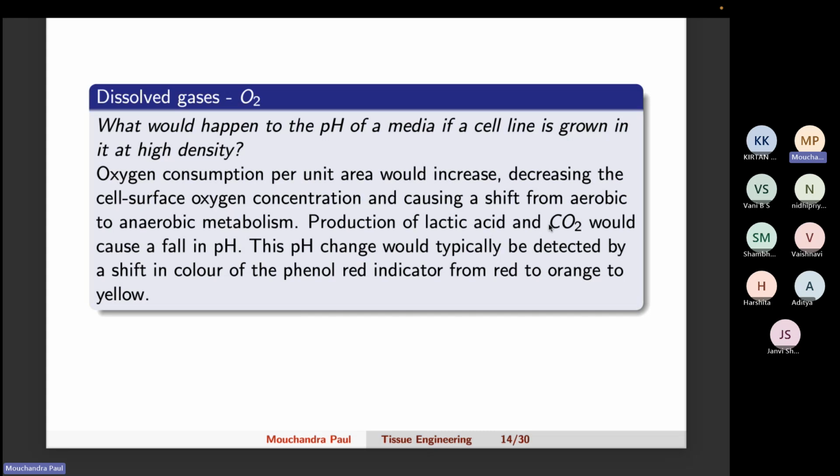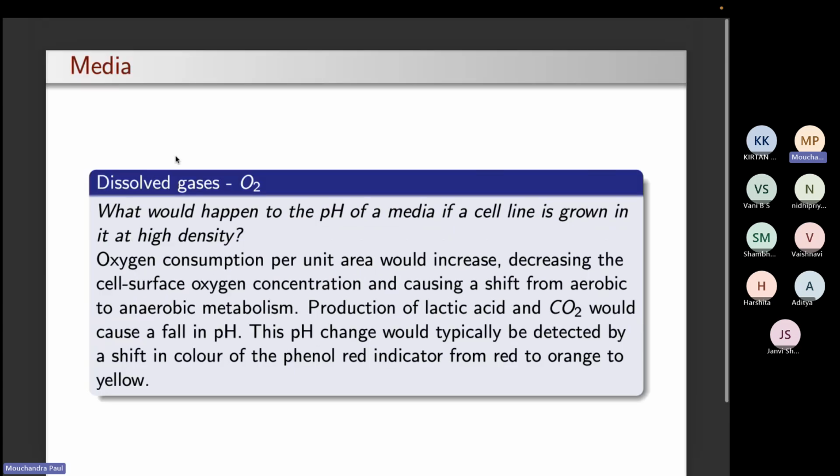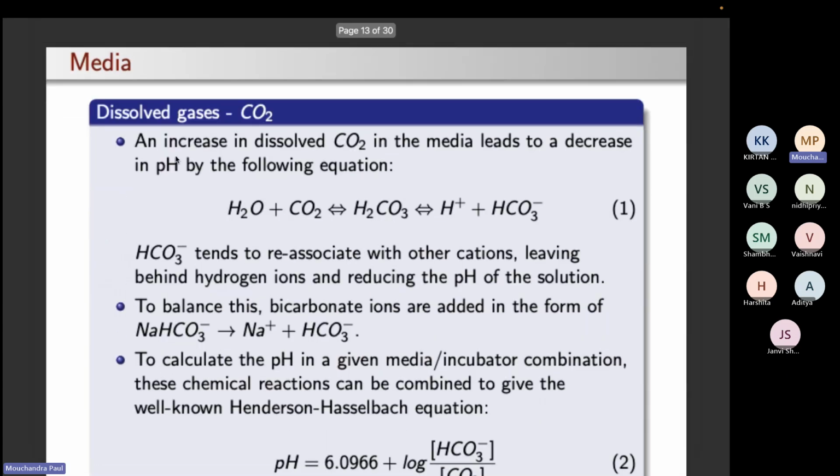Here, at high cell density, there will also be high production of CO2, right? And as we have seen in this expression, if the CO2 level is very high, it will move this reaction towards the right-hand side. That will also lead to the production of carbonic acid.